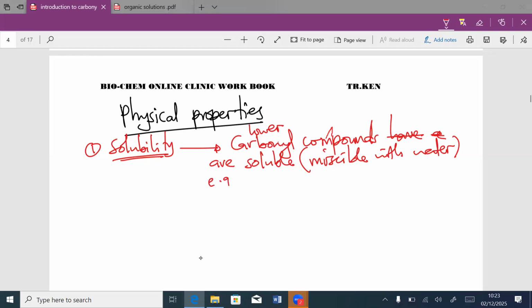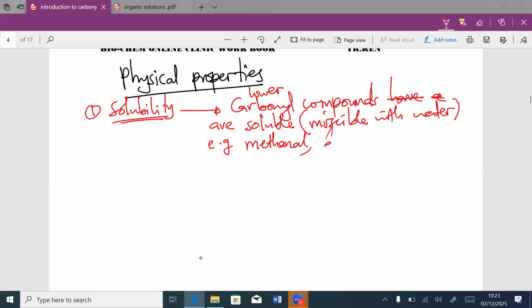For example, you can say methanol. Methanol, that's an aldehyde. You have ethanol. Do we have ethanol really? No, we don't have ethanol.